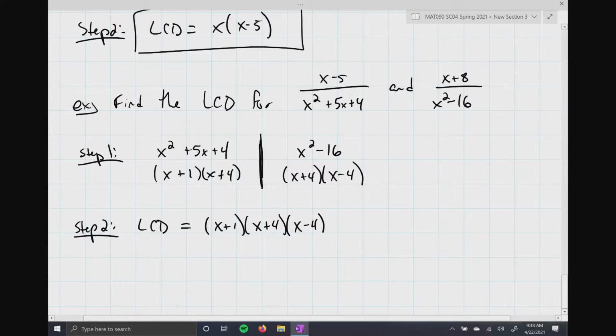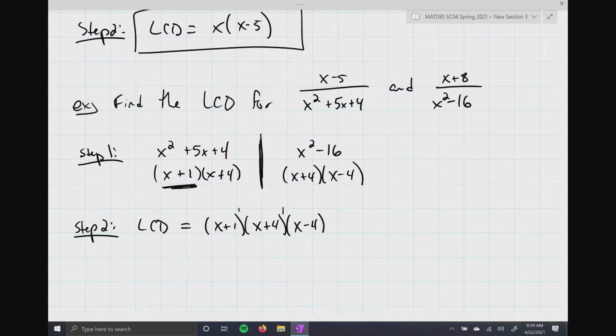So now I need to go ahead and assign exponents. So the x plus 1 is only repeated once. That's going to be a 1. The x plus 4, they both have one x plus 4, so that's going to be a 1. Remember, it's the repeated number of times in one specific factorization. So even though they both have an x plus 4, I only have one in the first factorization and one in the second.